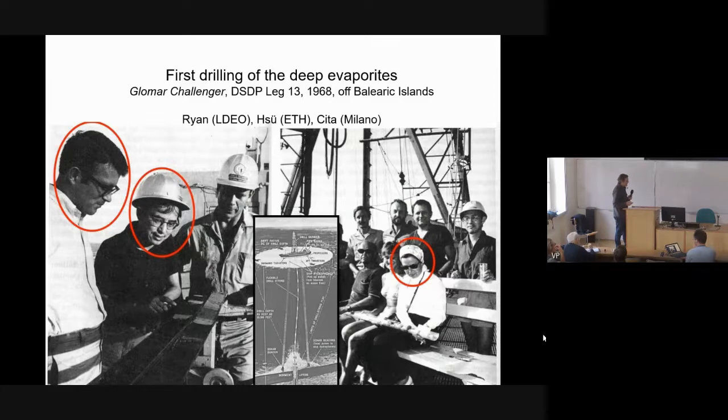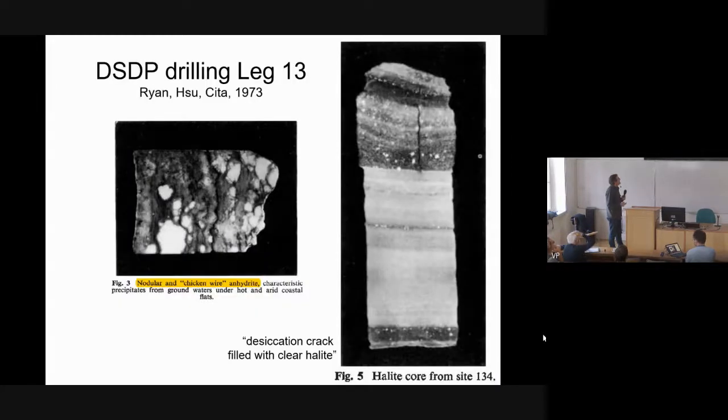Okay, all this was, as I said, vaguely known in the 60s, and then by the late 60s these three guys, Bill Ryan, Kenneth Hsü, and Maria Bianca Cita, made this proposal to drill for the first time in situ this deep basin halite, and they were very recognized for that because they found very exciting things, like for instance anhydrite, that is supposed to form normally only at high temperatures in subaerial conditions, but this sample here and this sample here are found in a drilling more than 2 kilometers deep today.